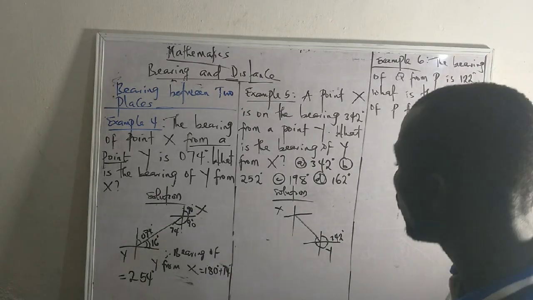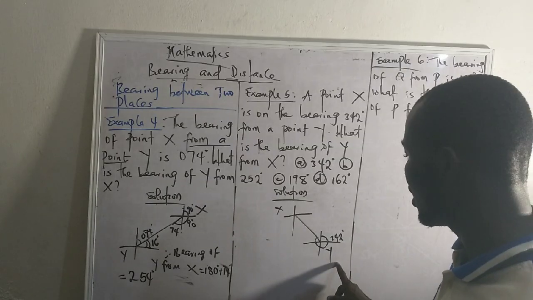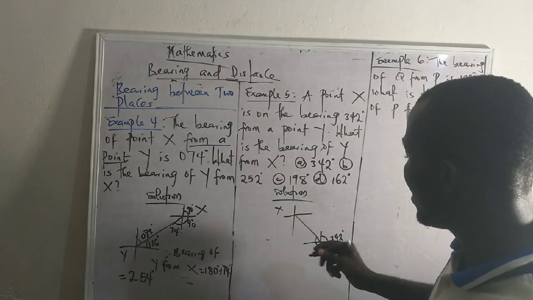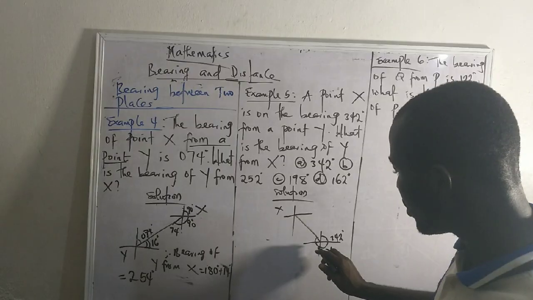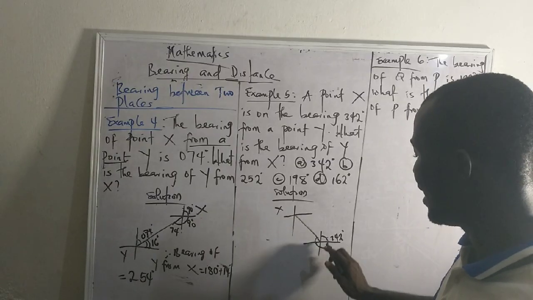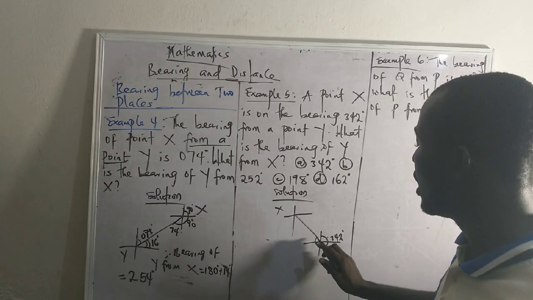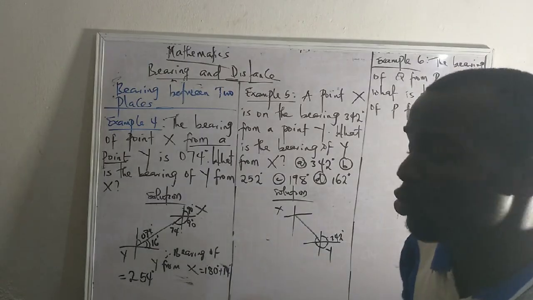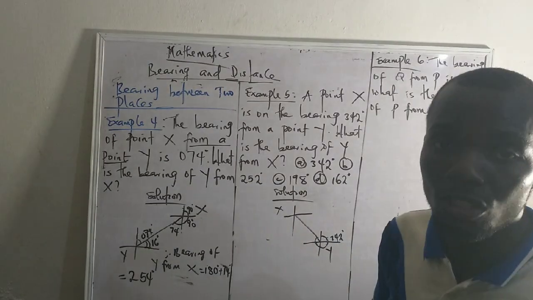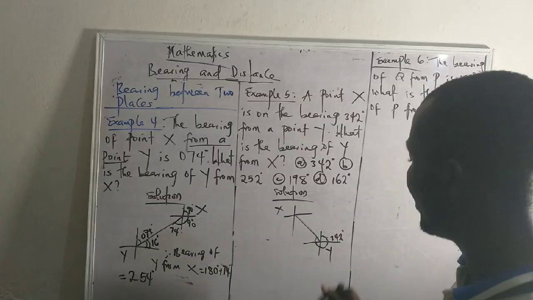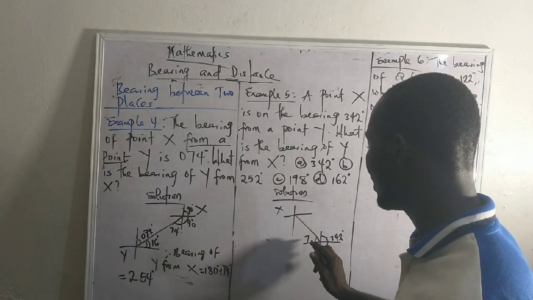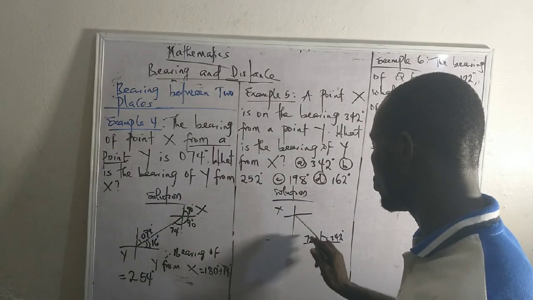Alright? We now say, what is the bearing of Y from X? It means by the time I remember that if I have 90 here and I have 90, I have this 270. What did I add to 270 that gave me 342? Clearly you will discover that it is 72.